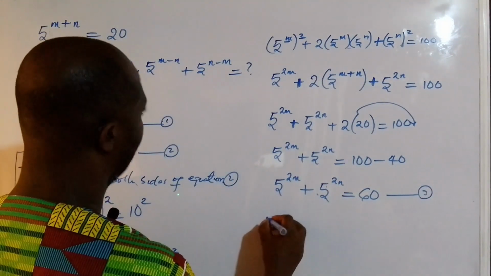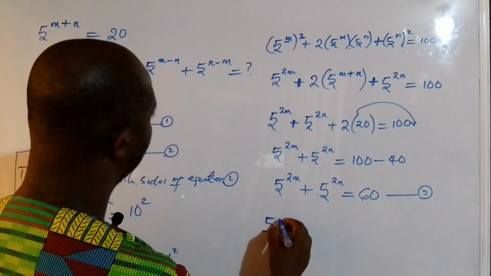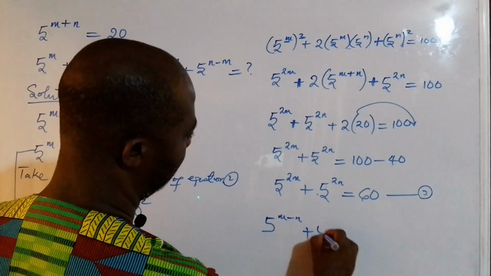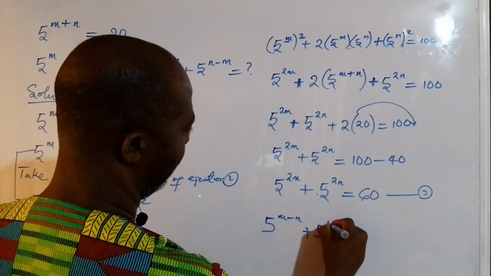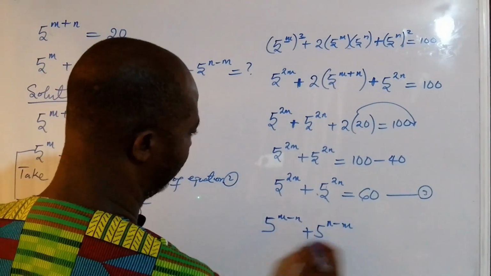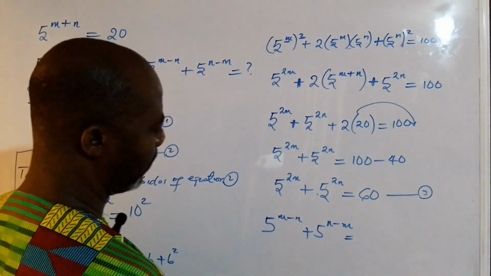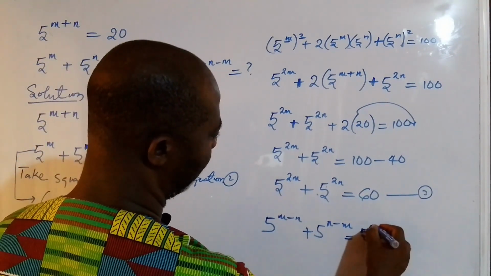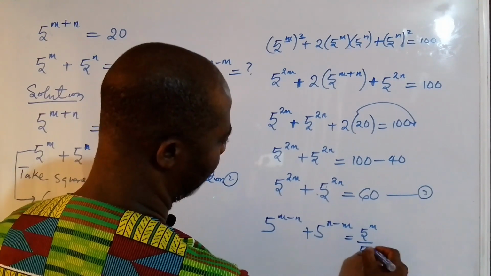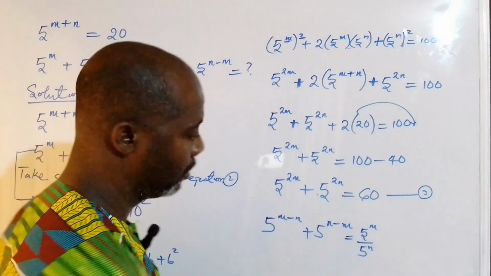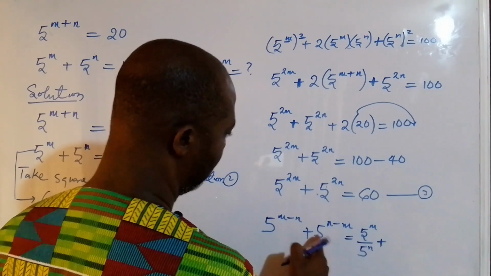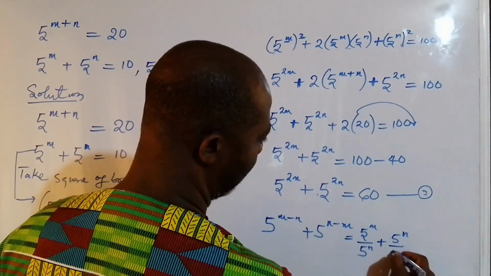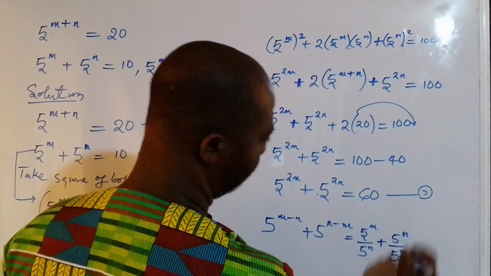This is 5 to the power of m minus n plus 5 to the power of n minus m. So this will simply give me 5 to the power of m over 5 to the power of n, plus this will give me 5 to the power of n over 5 to the power of m.